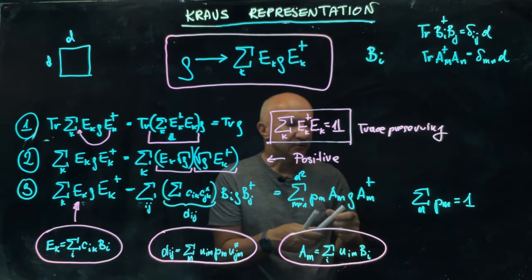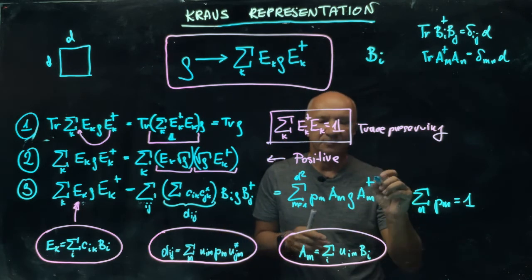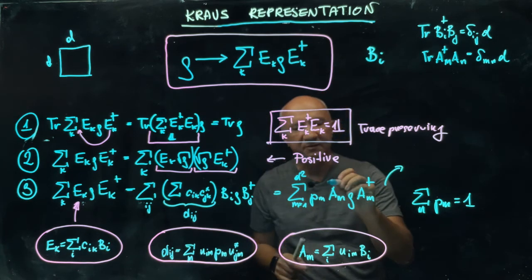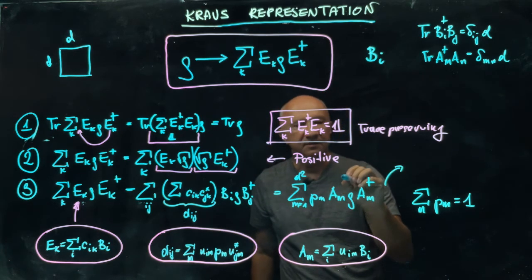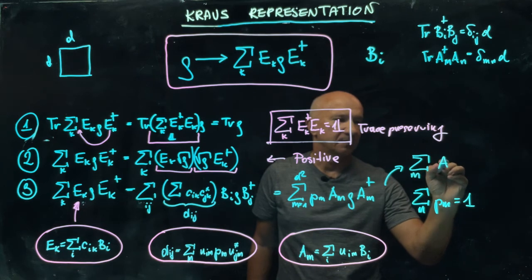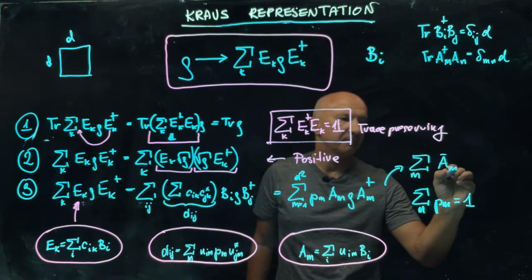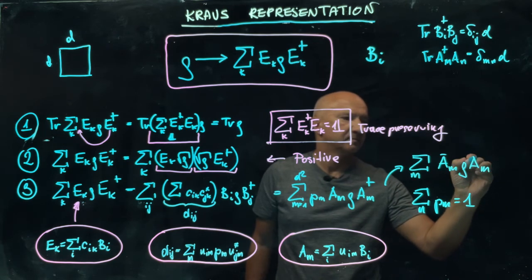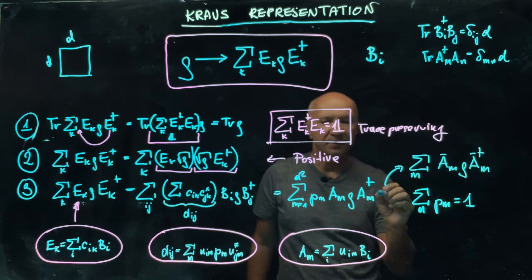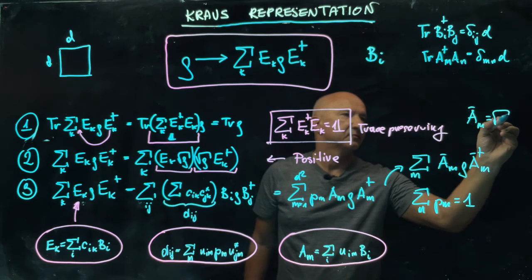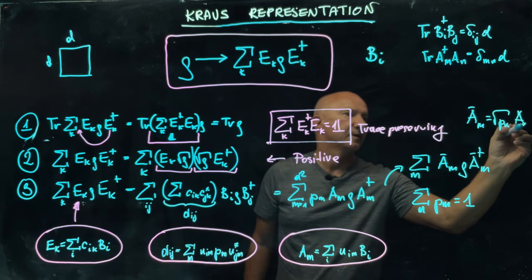But if you really want to write it in this particular form, then you can simply write this as a sum over m of A-bar_m rho A_m dagger-bar, where A-bar_m is the square root of p_m times A_m.